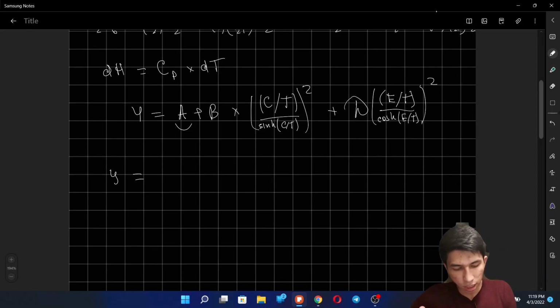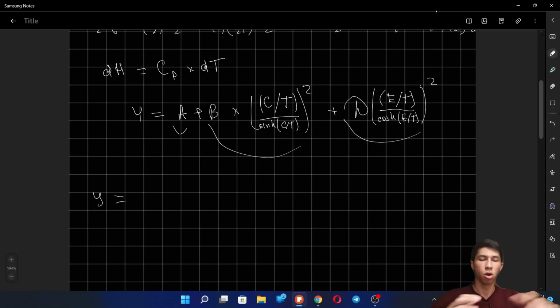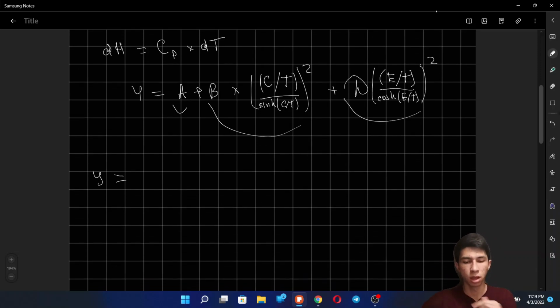We can take the integral of these parts separately, so that we don't mess everything up by writing the whole equation into Wolfram Alpha. When we take the integral of a, it's going to be a times t, right? So now let's take the integral of this part.